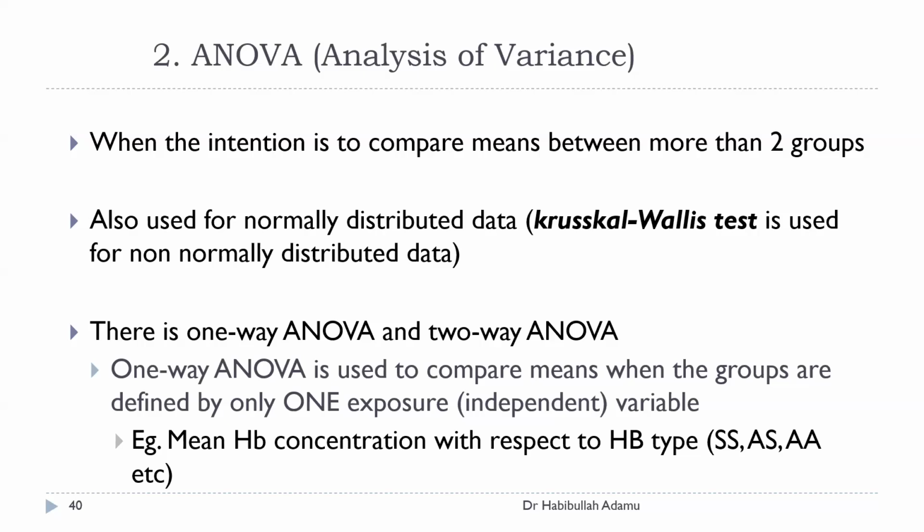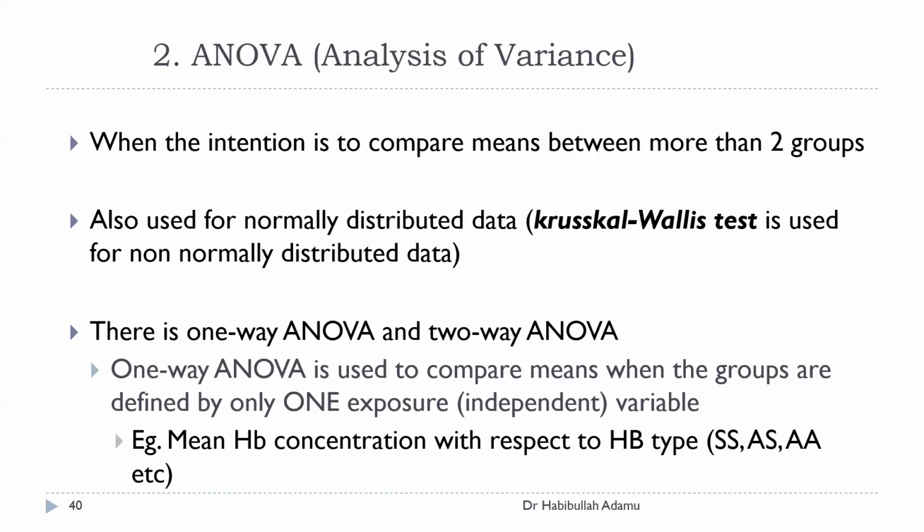So ANOVA, there is one-way ANOVA and there is two-way ANOVA. One-way ANOVA is used if you are comparing means when the groups are defined by only one exposure. For example, if you are comparing mean hemoglobin concentration with respect to hemoglobin type, with respect to genotype, you see here you are comparing only based on genotype.